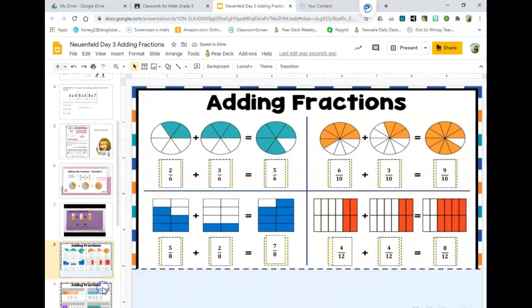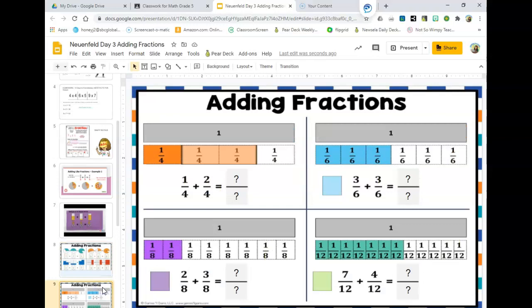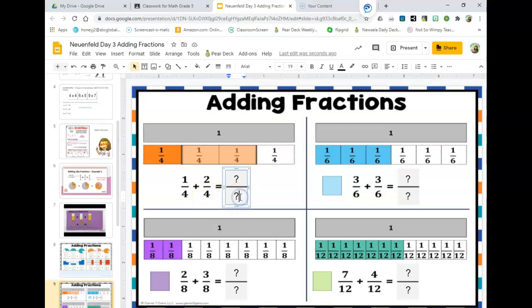All right, let's take a look at our next page. Now, same thing, but this time the pictures are different. 1/4 plus 2/4. We have the same denominator here. What's the denominator? That's right, it's 4.